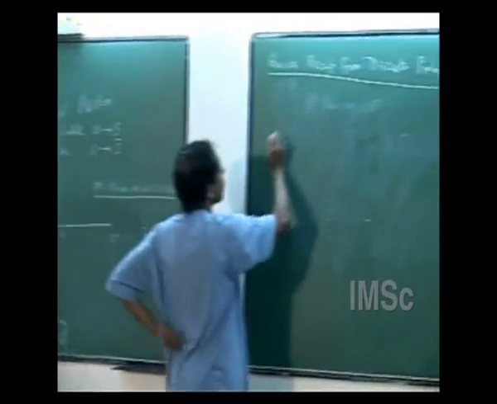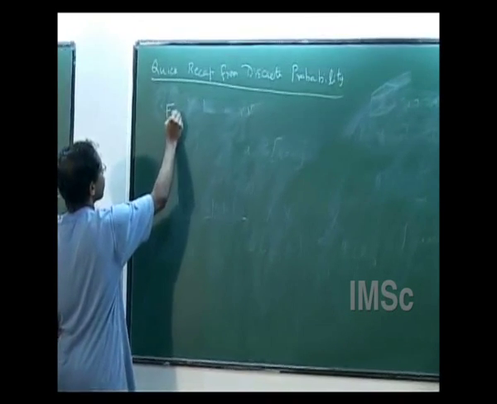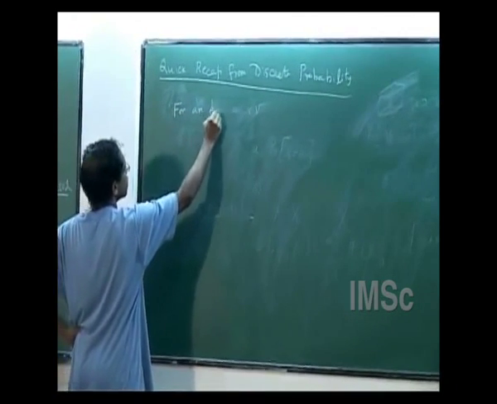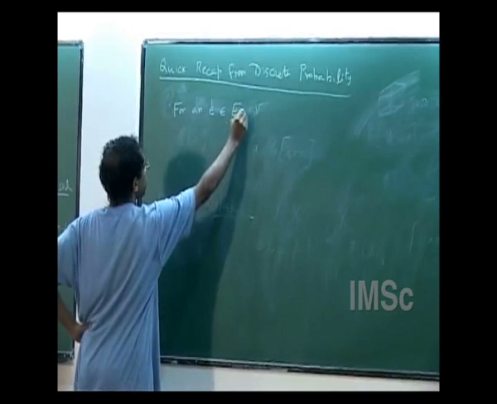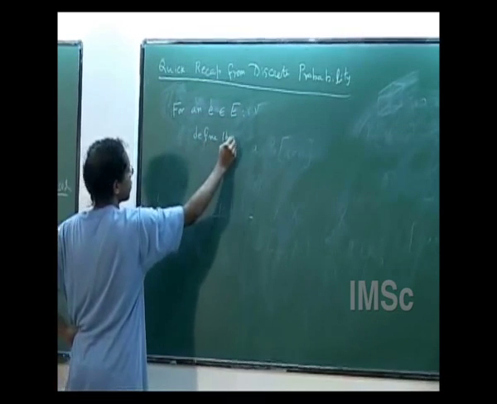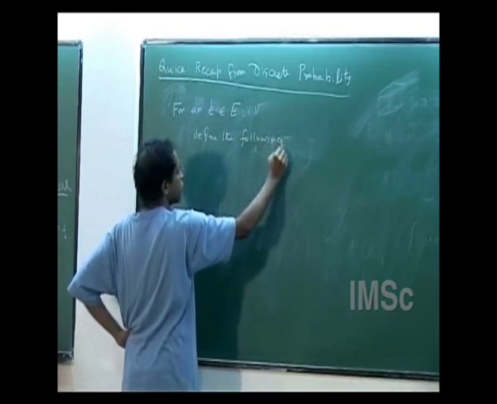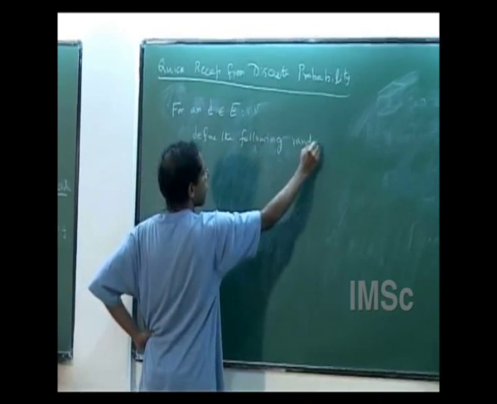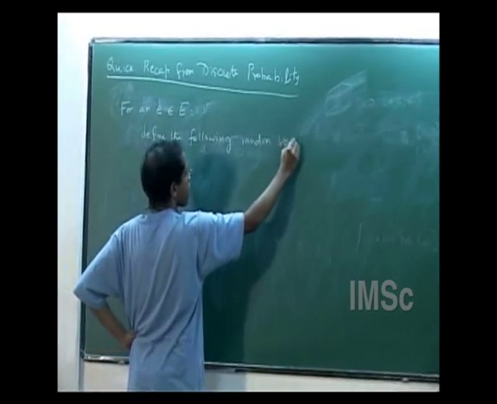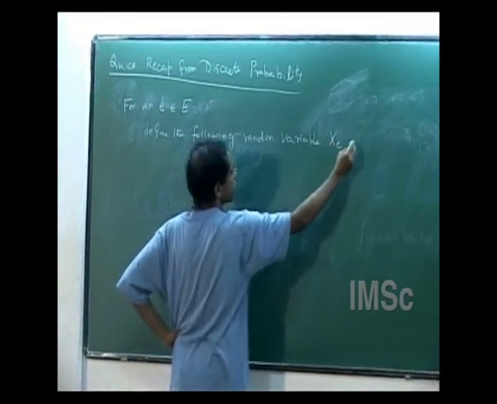Now let's define the following random variable for an edge E. Define the random variable Xe as follows.